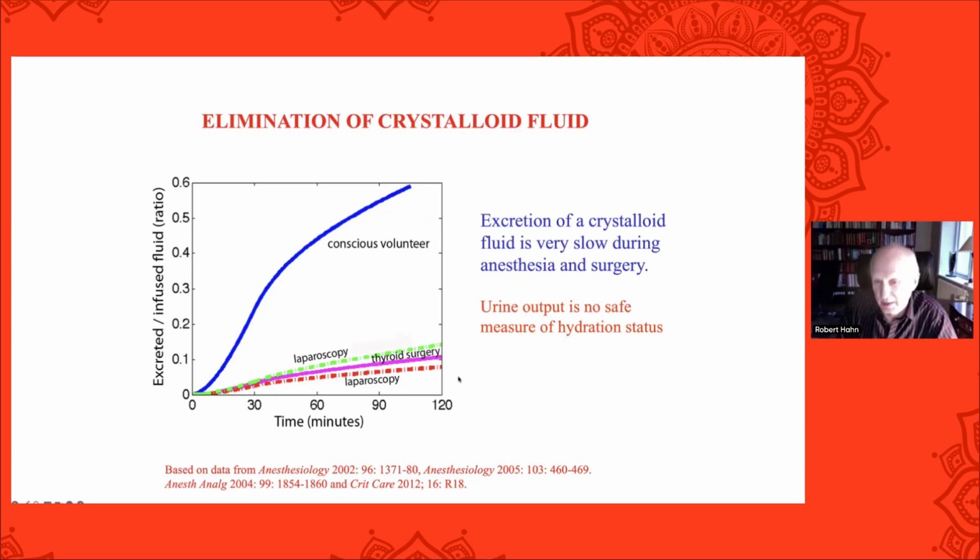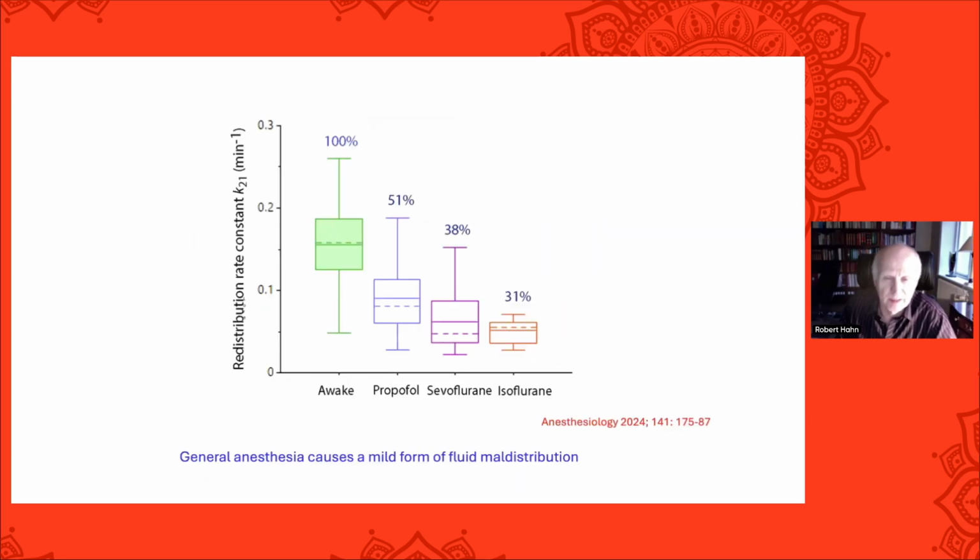And it means that the urine output is not a good measure of fluid overload, because the urine output is driven more by other factors. Arterial pressure is the most important. Old age makes the excretion go more slowly. And we also have the adrenergic status playing a role.